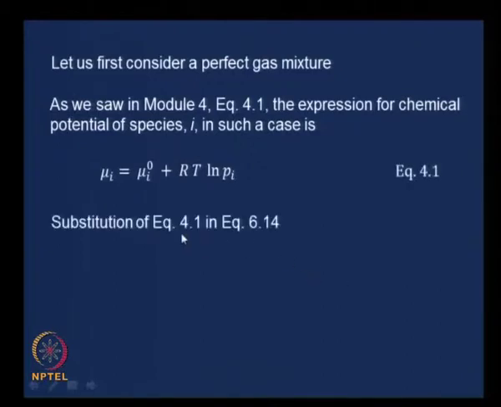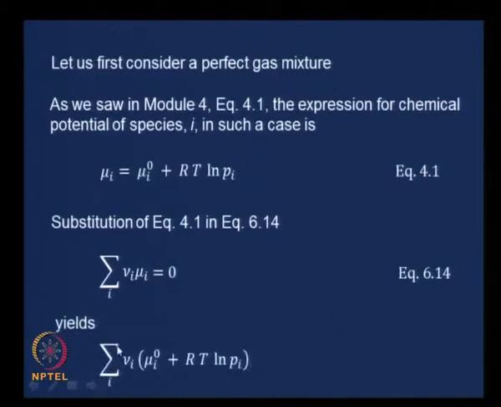If we substitute equation 4.1 in equation 6.14, the condition for reaction equilibrium, sum over nu i mu i equals 0, we substitute mu i with mu i naught plus RT ln Pi. If we do that, then we could write sum over nu i into mu i naught plus RT ln Pi equals 0.